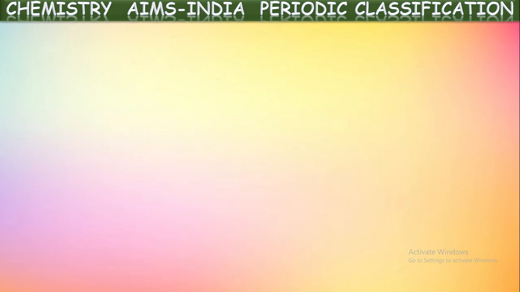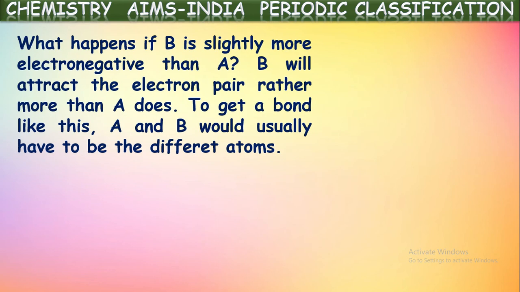What happens if B is slightly more electronegative than A? That means if both atoms are not of the same kind, and one atom has more electronegativity than the other, then what happens? The atom with the greater electronegativity will pull the electron pair towards it.